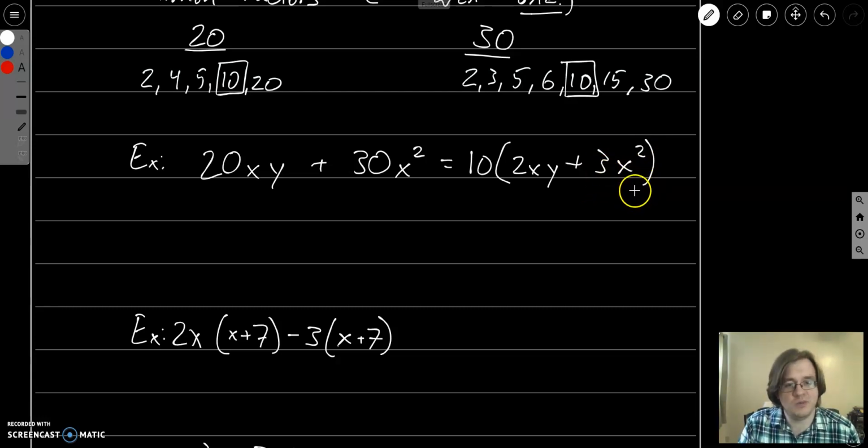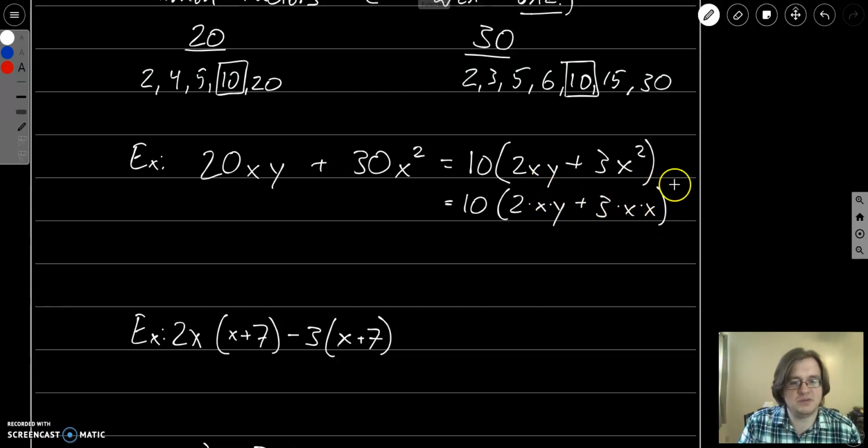Now, there's even more that I can do here. You'll notice that this first one, 2 times x times y, this second one, 3 times x squared, well, x squared is just x times x. And you'll notice that both of the terms inside the parentheses have an x. So x is another factor.